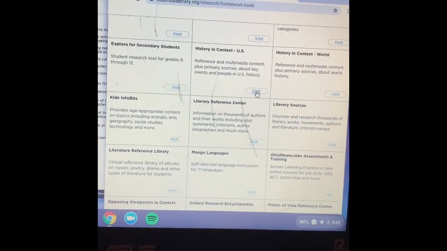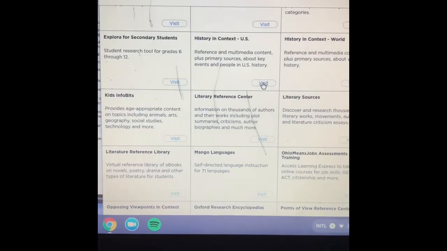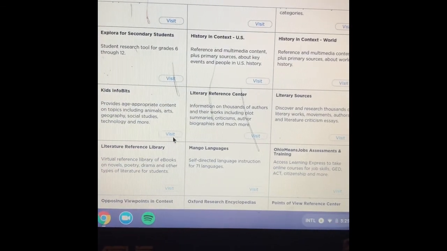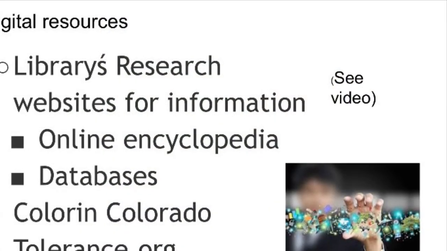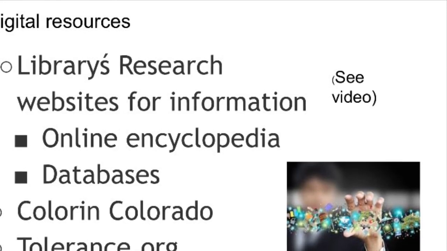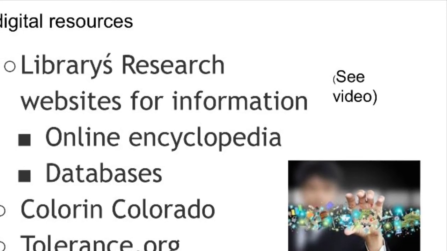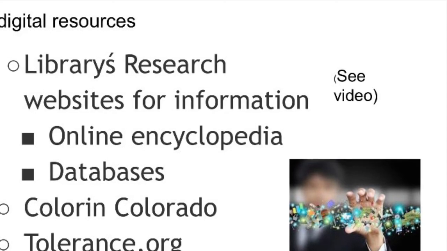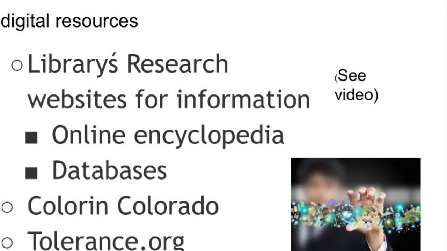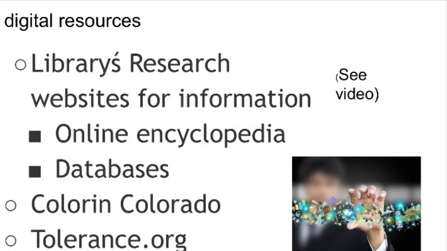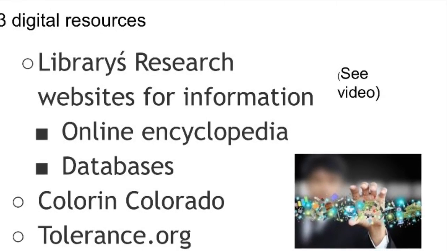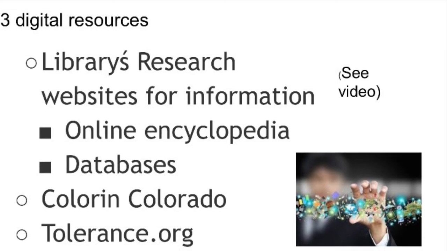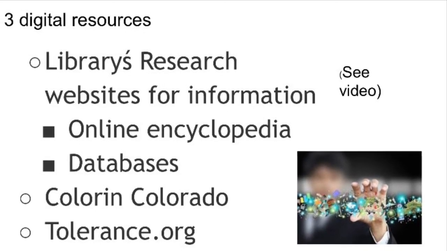All of these, you can choose to visit the site and simply log in with your library card. Two other great resources I like using are called Colorín Colorado and tolerance.org. Both list a lot of relevant resources, up to date, and a lot of teacher accounts that will be useful in this topic.